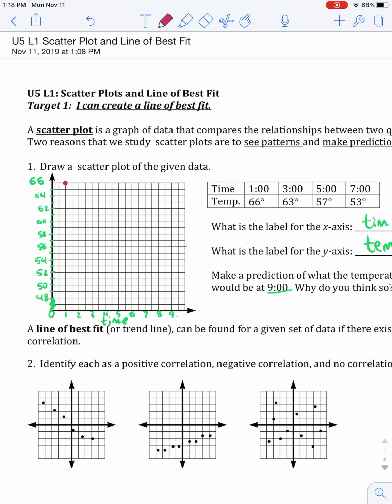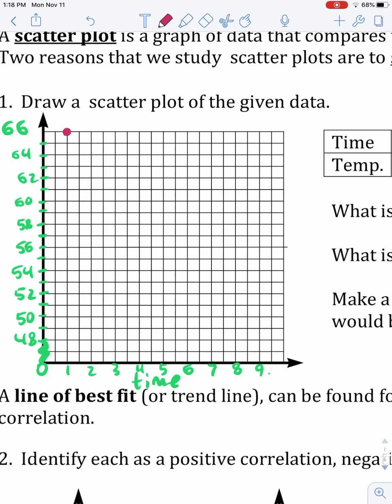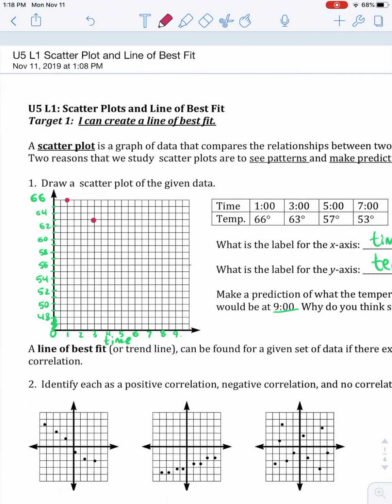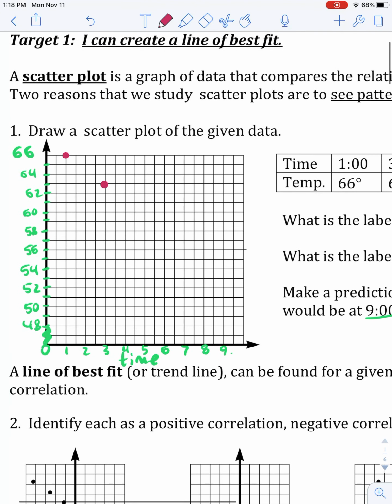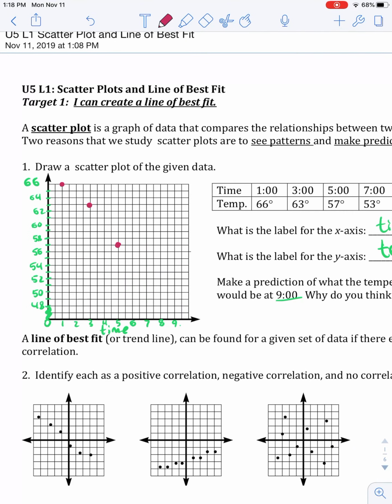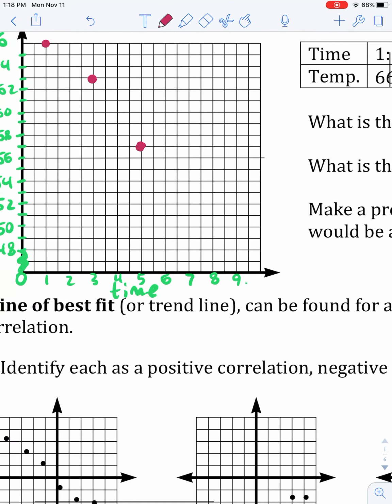But for this one, we just know that at 1 o'clock there's a 66. At 3 o'clock there's a 63. At 5 o'clock there's a 57. It's a lot of dots, so I'm trying to be careful here. 7 o'clock, 53.